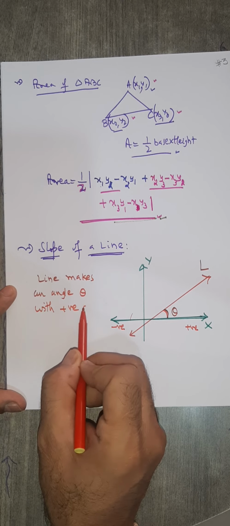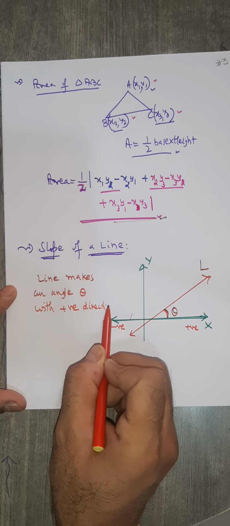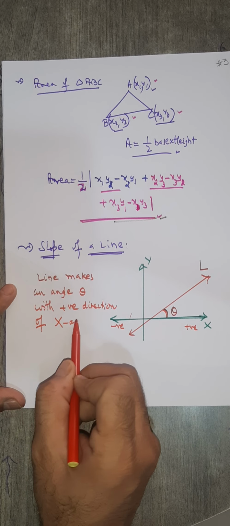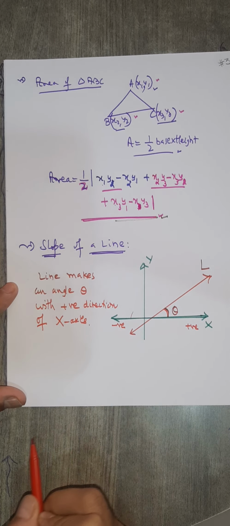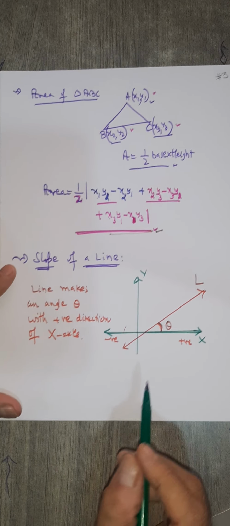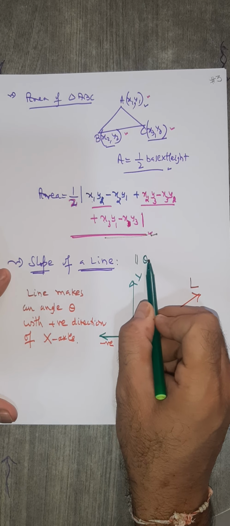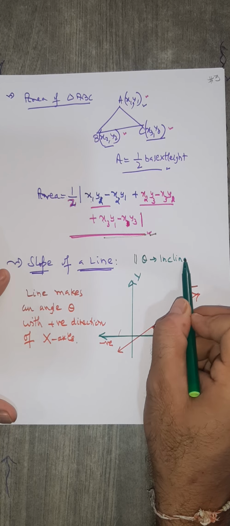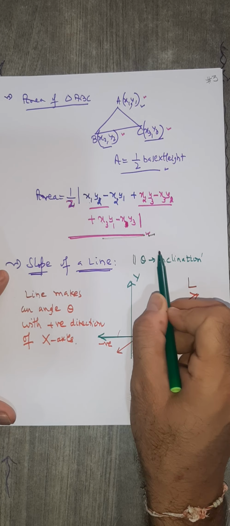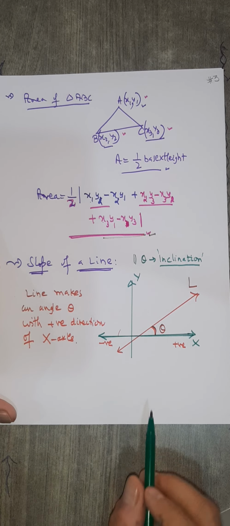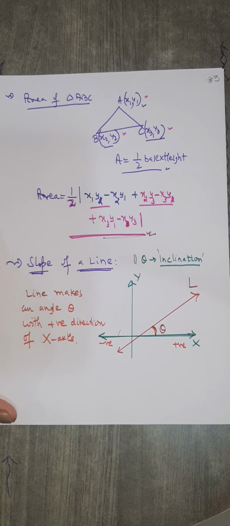It is with the positive direction of the x-axis. So this is very important. Theta is called the inclination here. Theta is the measure of inclination: how much the line is inclined with the ground.